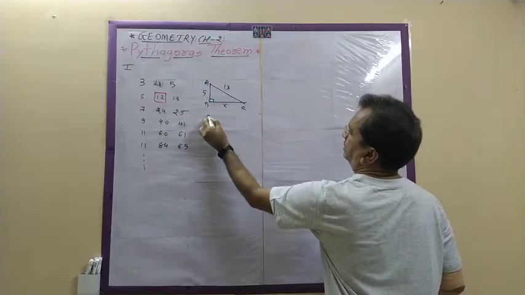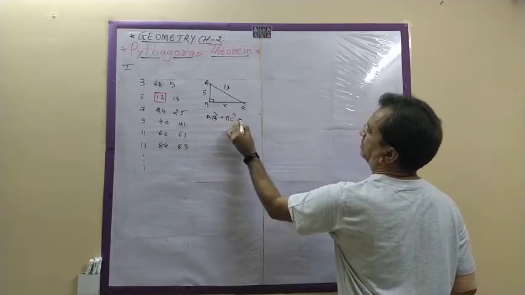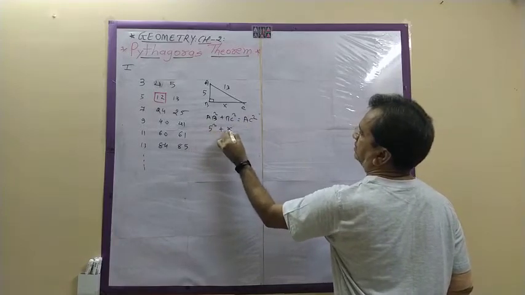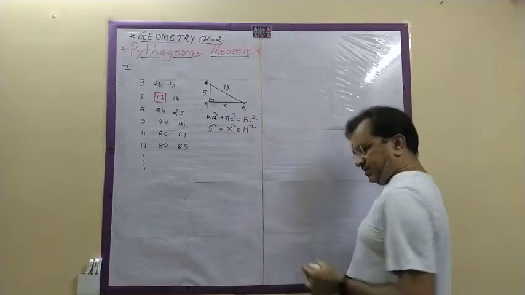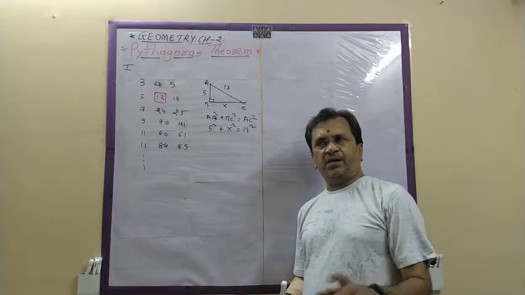So what will you write? AB square plus BC square is equal to AC square: 5 square, X square, 13 square. Up to this you know how to do the calculation.